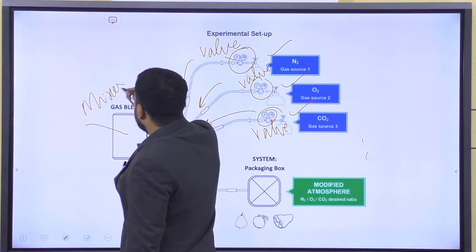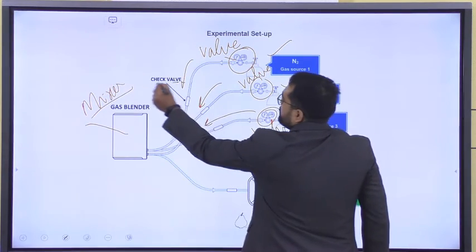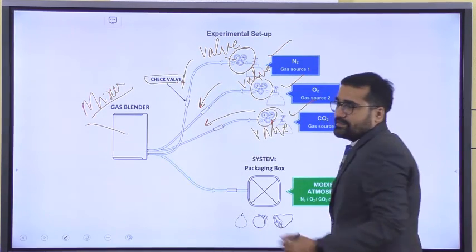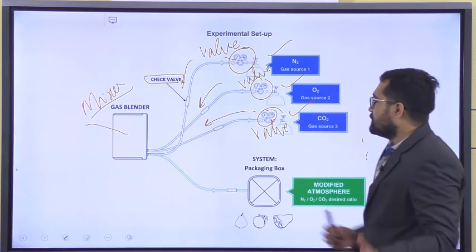The blender mixes the gases, and we have check valves in between so that we can check whether the pressures inside the pipes and the system are maintained properly or not.